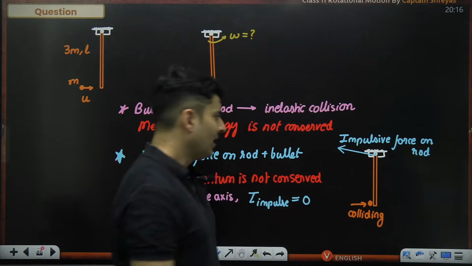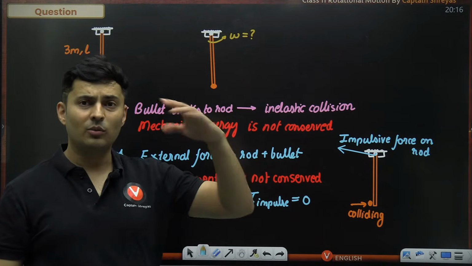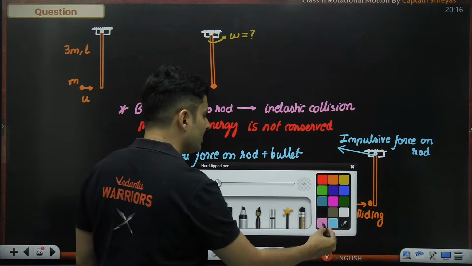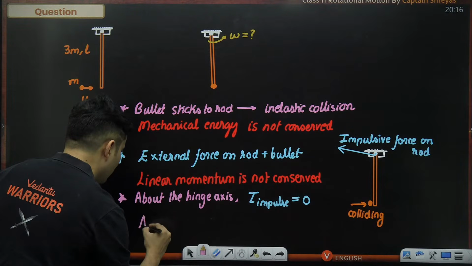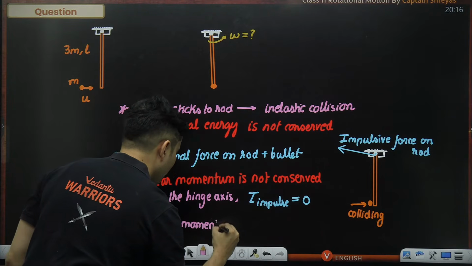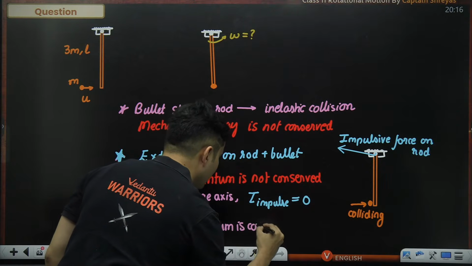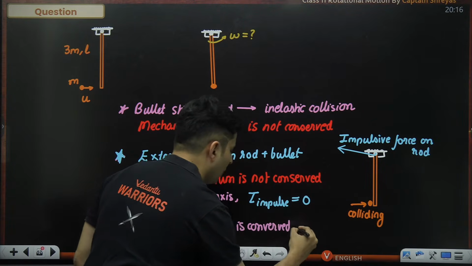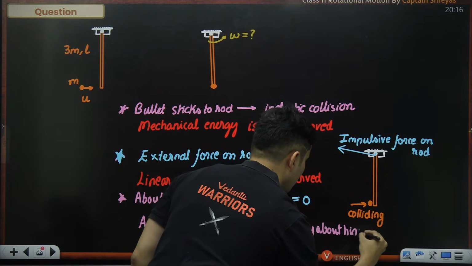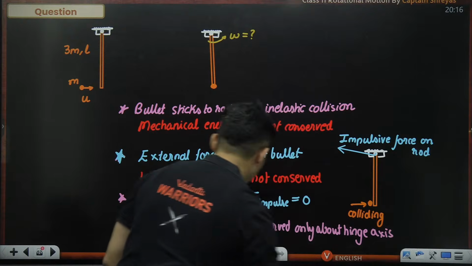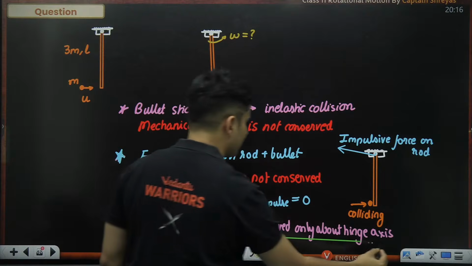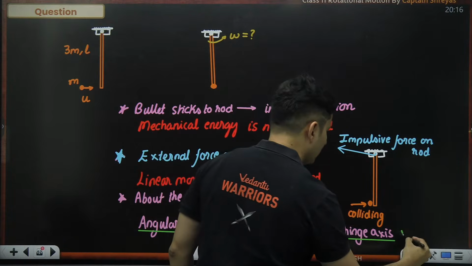Whatever is the force, even 100 Newton, 1000, 1 lakh Newton, doesn't matter, torque will be zero. So the net impulsive torque will be zero, and therefore angular momentum is conserved only about that hinge, only about the hinge axis. This is very, very super duper interesting, guys. Only if you take the hinge axis, it is definitely going to be conserved.